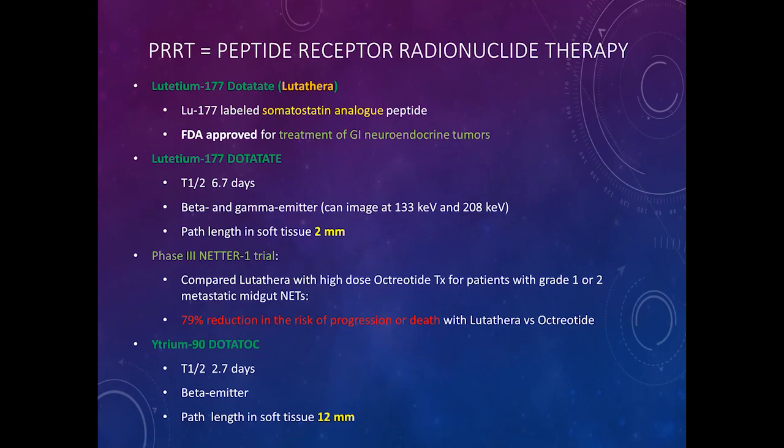So it's a very promising, very successful treatment that we offer to our patients. And I highly advise that in your practice, you try to establish a treatment center that offers this option to people with metastatic neuroendocrine tumors.